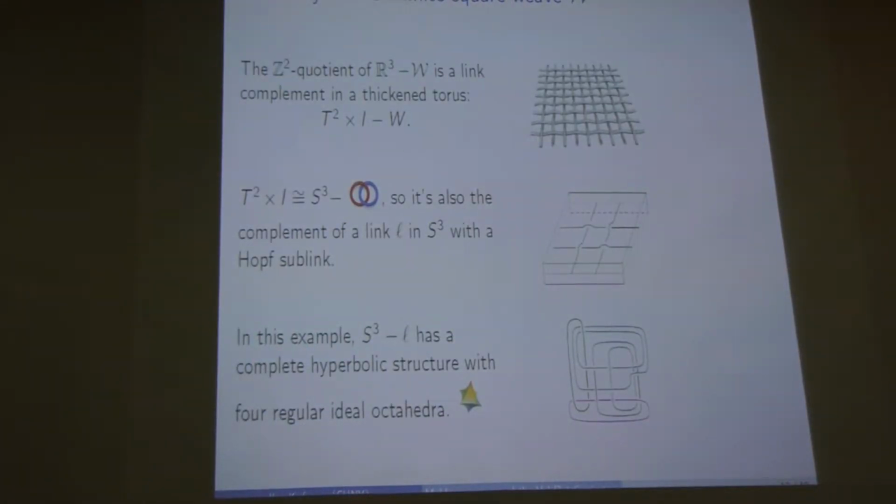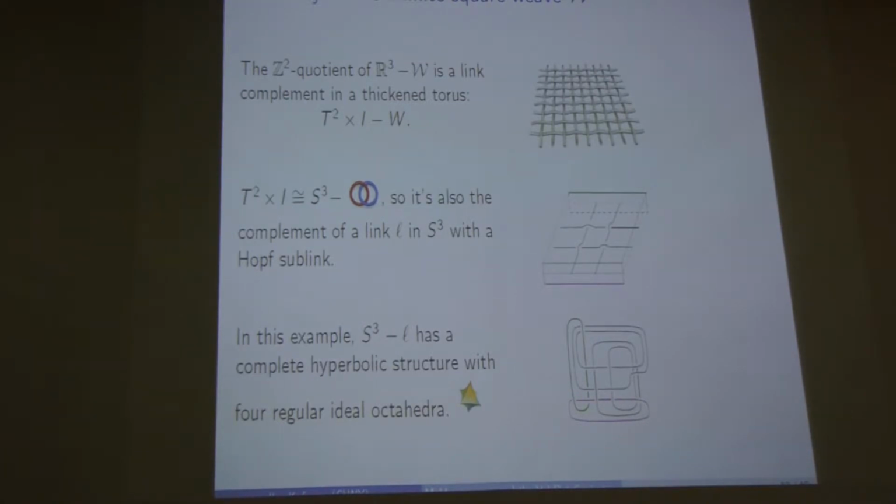So let's talk about the geometry. This is the infinite square weave. If you take the Z² quotient, you get a link in the thickened torus. So this is the Z² quotient of this. And so we want to think about T² × I minus W. Now the thickened torus itself is the complement of the Hopf link, where you take the cores of the Heegaard tori.